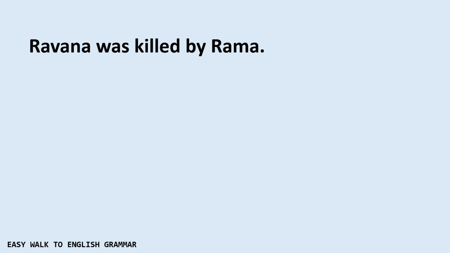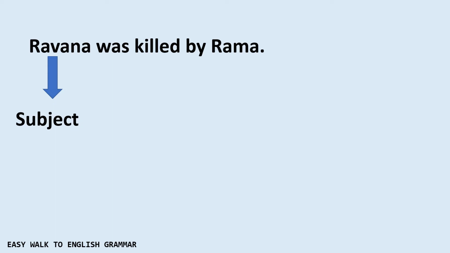What change occurred here? In the previous sentence, Rama killed Ravana. Rama was the subject, but here Ravana, who was the object of the previous sentence, has become the subject.